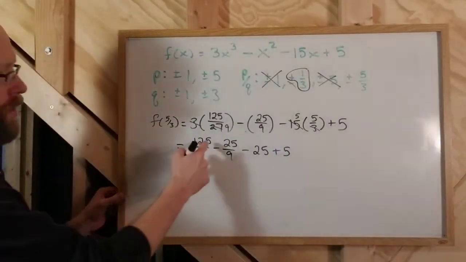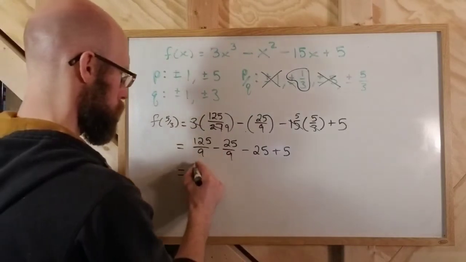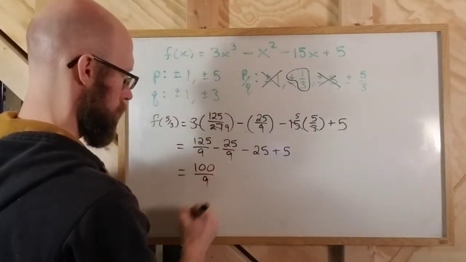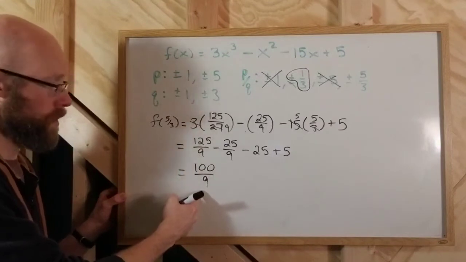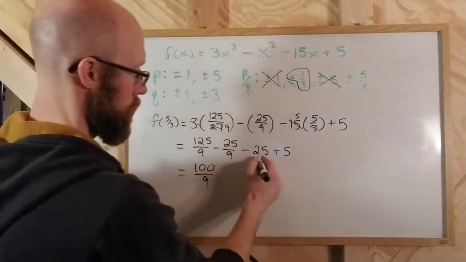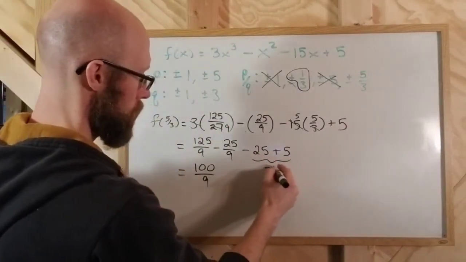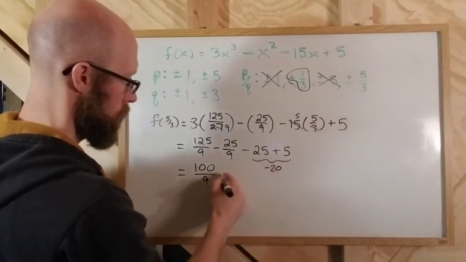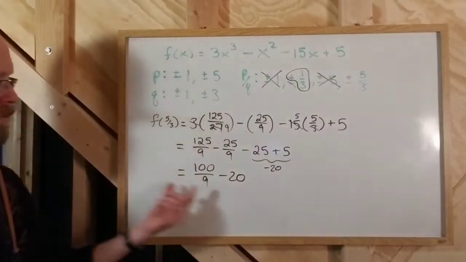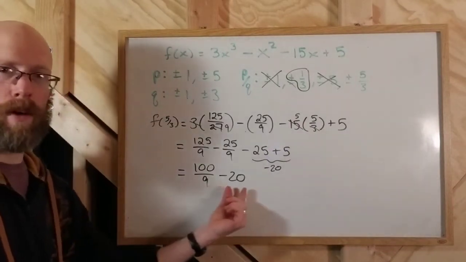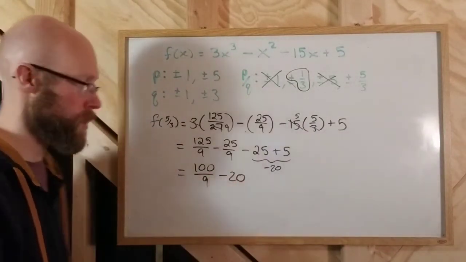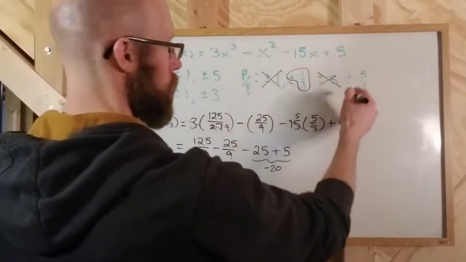Let's see, the fractions add up to 100 over 9, which is just over 11, 11 and 1/9. These combine to be a negative 20. So positive 11 roughly minus 20, definitely the negative outweighs the positive. So that one does not work.